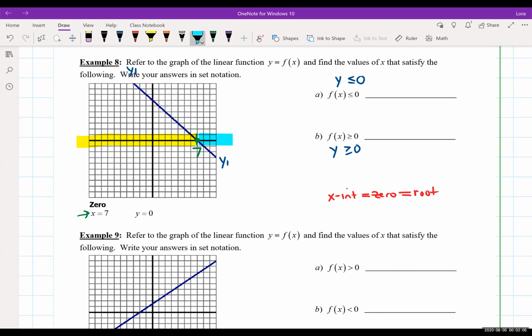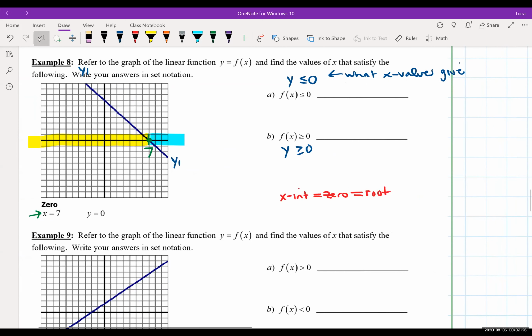So a lot of times when I compare things to 0, if you're below 0, some people might refer to it as, what x values give me, I'm going to move this over just a little bit. So less than 0 means you're on the left of the 0.